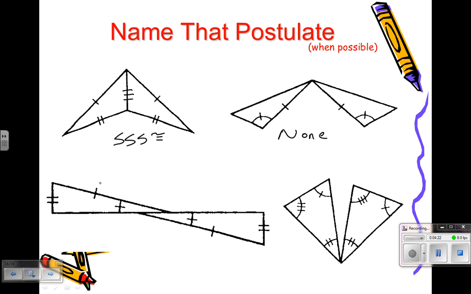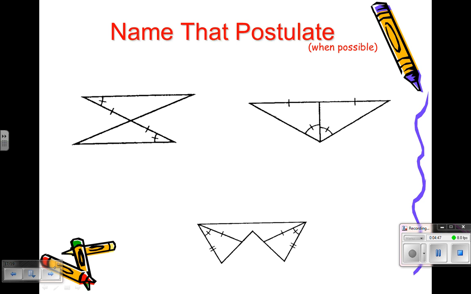On this triangle, you have side, side, and angle. Well, did side-side-angle work out for us? No, it did not. So the answer here will also be none. And finally, here you have angle to angle, angle to angle, and angle to angle. So that's AAA, but that also did not work out for us.